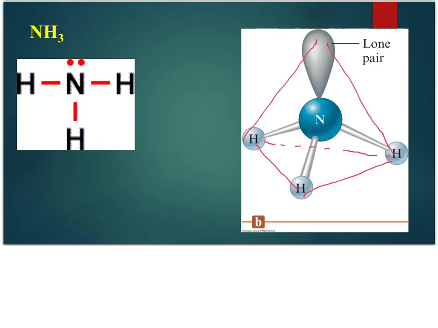If we look at it here, just like this, trigonal pyramidal. And here I forgot to say the bond angle. The bond angle would be less than 109.5 because we have that lone pair at the top. And it's actually somewhere around 107 degrees.